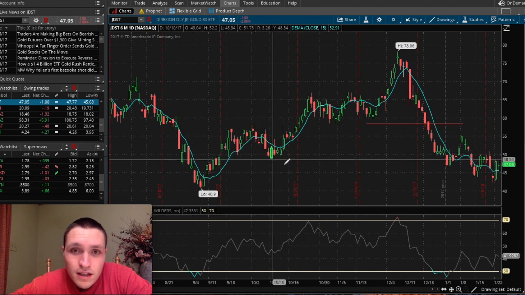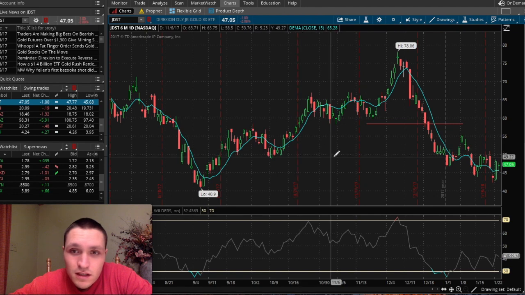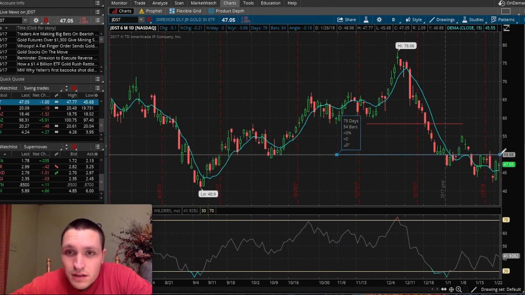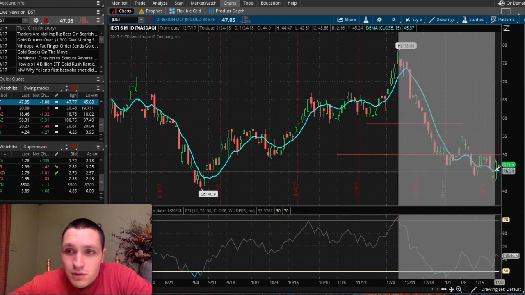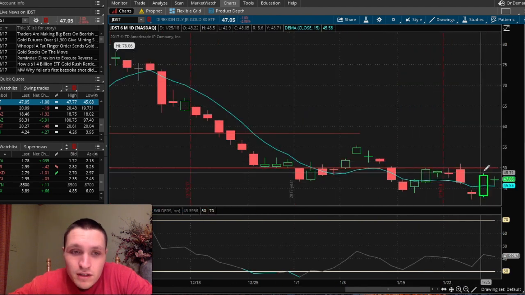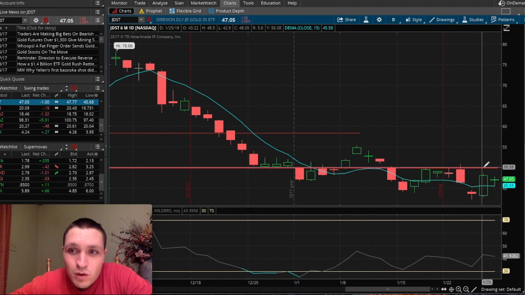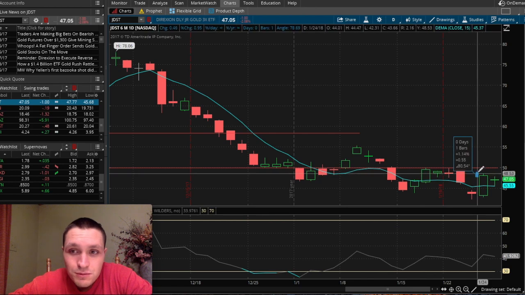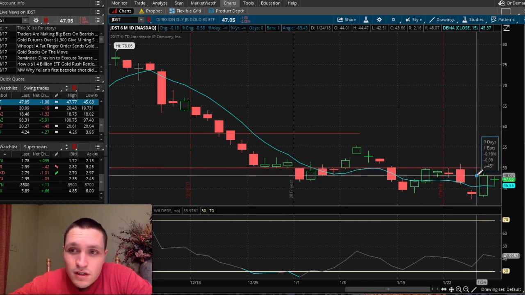Here, I kind of see a resistance line. Say I draw a line here. I'm going to zoom in a little bit. Right now, I want it to break that $50 line before I even get into this stock, because if I buy here and I'm seeing that resistance, that's only room for a 3% profit. I'm looking for trades that are more than that.